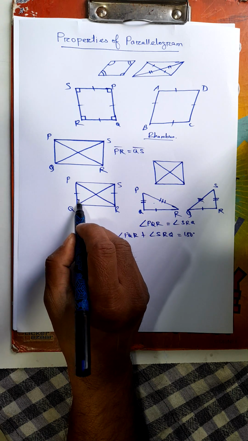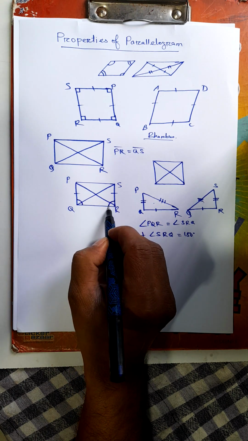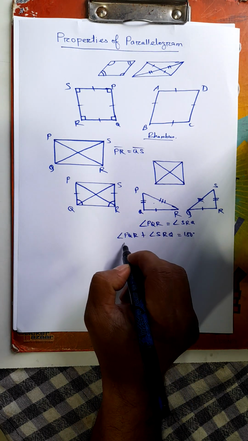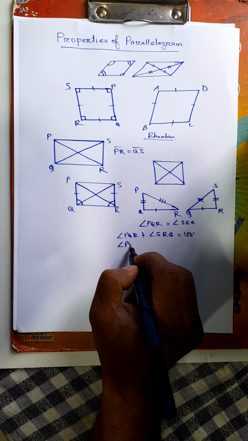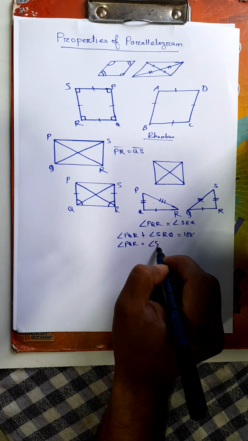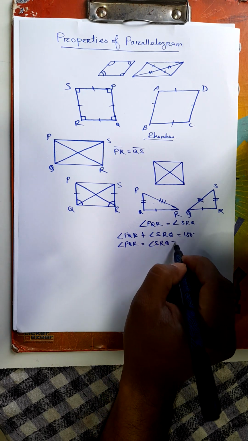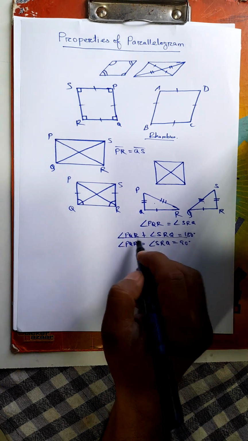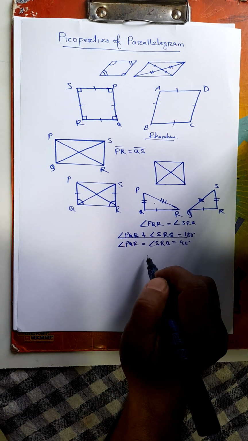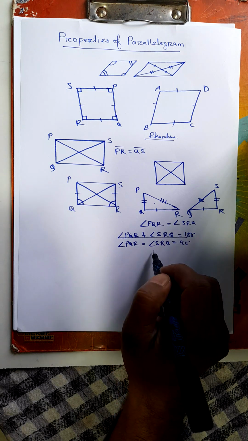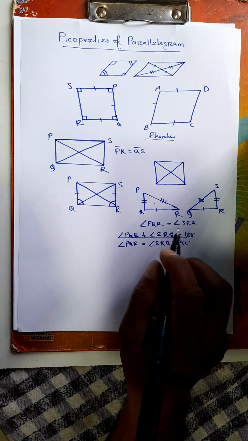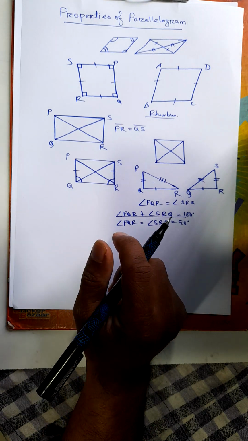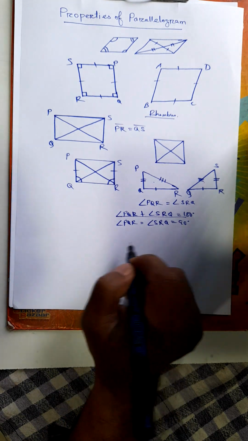That means angle PQR and SRQ are supplementary. The sum total is 180 degrees, and since they are equal, PQR equals angle SRQ equals 90 degrees. So PQR and SRQ are right angles. That means in a rectangle, all angles are right angles.